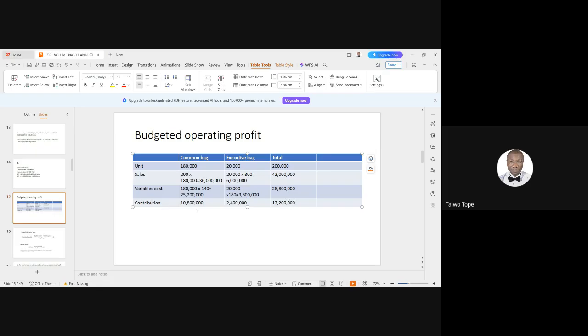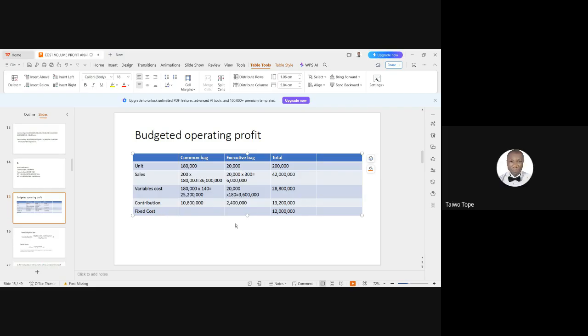And what else do we have? Fixed cost. The fixed cost is a joint fixed cost. The value is 12 million.